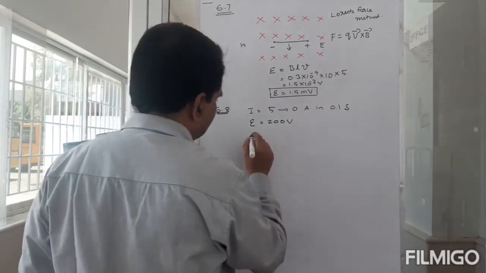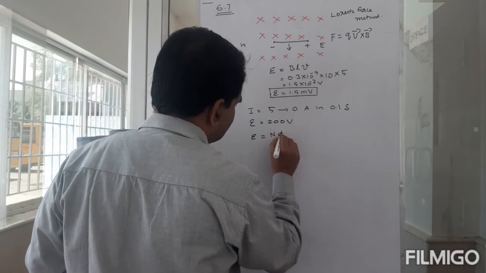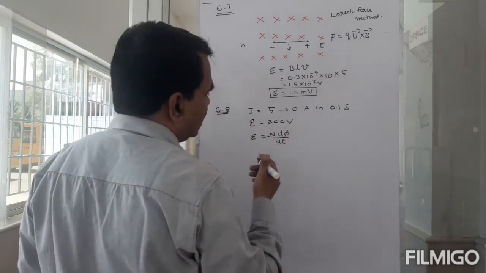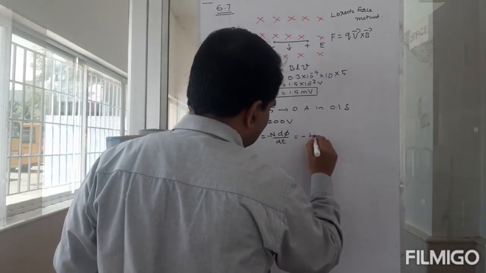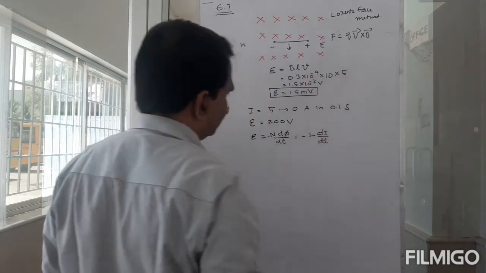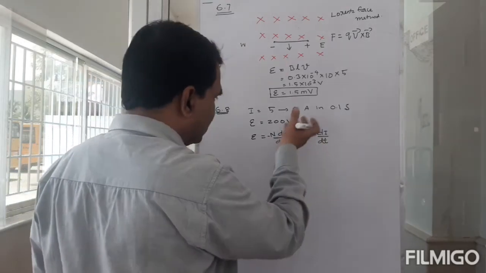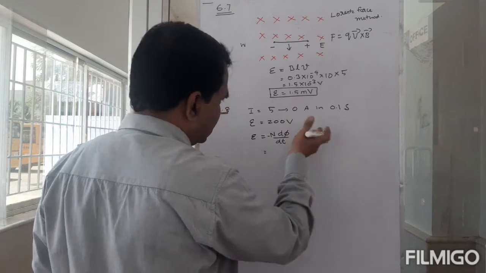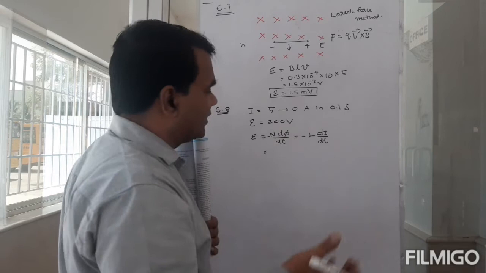So what do you know? E is equal to minus N d phi by dt, and that is also equal to minus L di by dt. Okay? If I'm going to just take the magnitude only, finally what we're interested in is the magnitude.